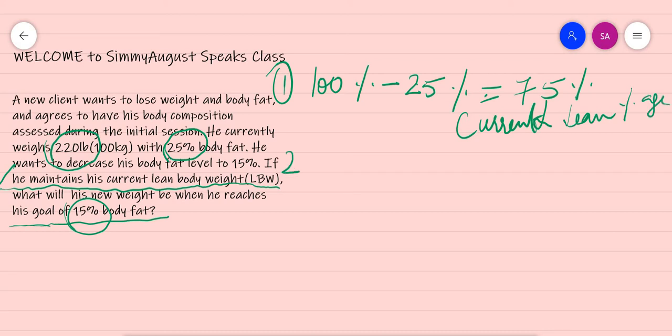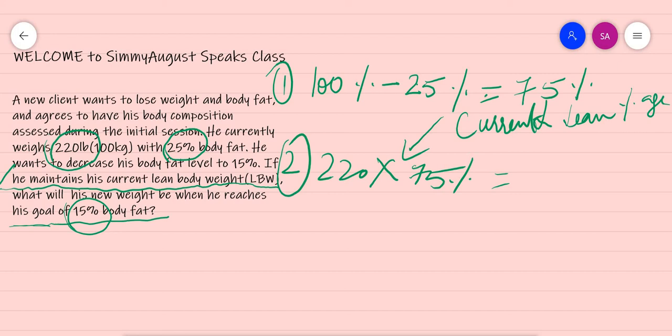Second step is current body weight multiplied by current lean percentage, 75%, which I got in the first step. Let me calculate 220 multiplied by 75%. This comes to 165 pounds. This is the lean body weight, and this is the current one.